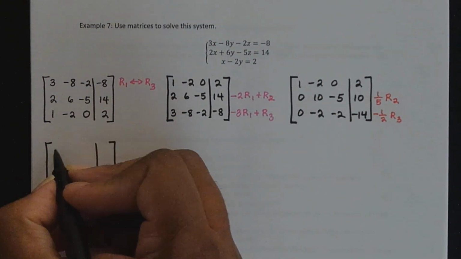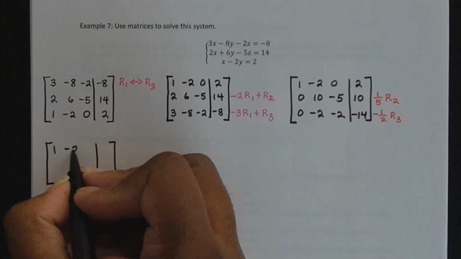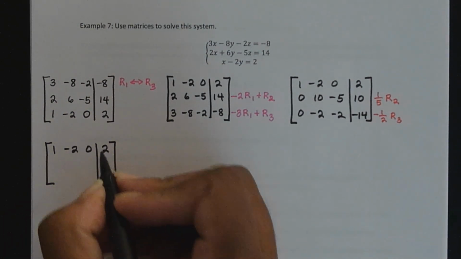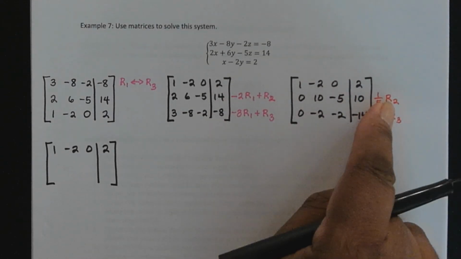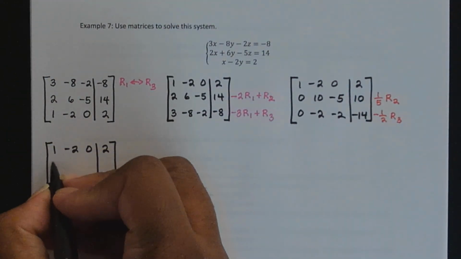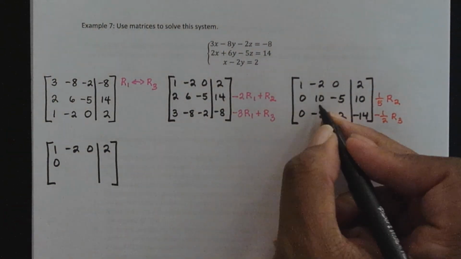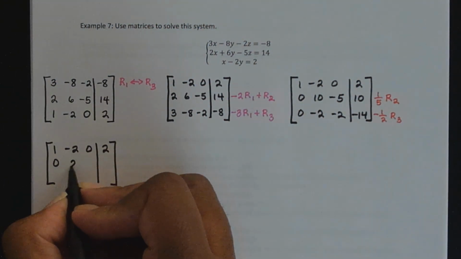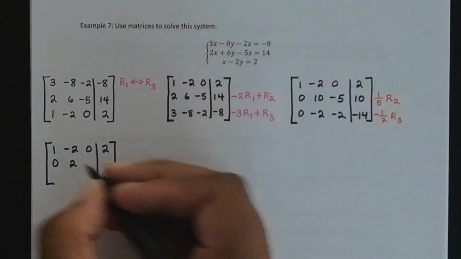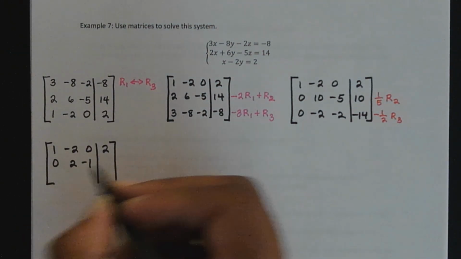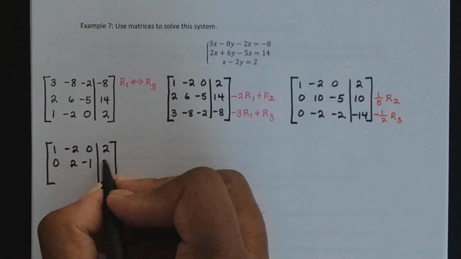So in this case, row 1 stays the same. So it'll be 1, negative 2, 0, 2. Row 2, if I take 1/5 of 0, that's 0. 1/5 of 10, or 10 divided by 5, that'll be 2. 1/5 of negative 5, or negative 5 divided by 5, that'll be negative 1. And 1/5 of 10, again, that'll be 2.